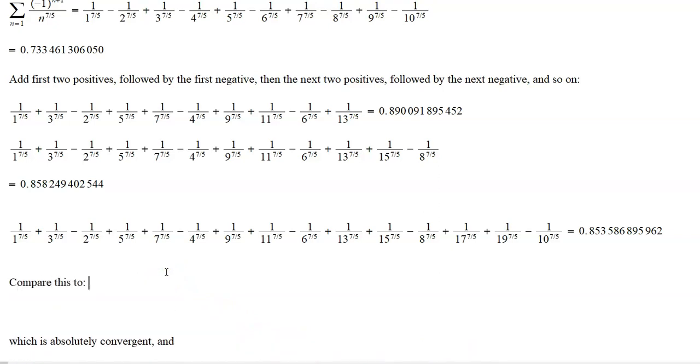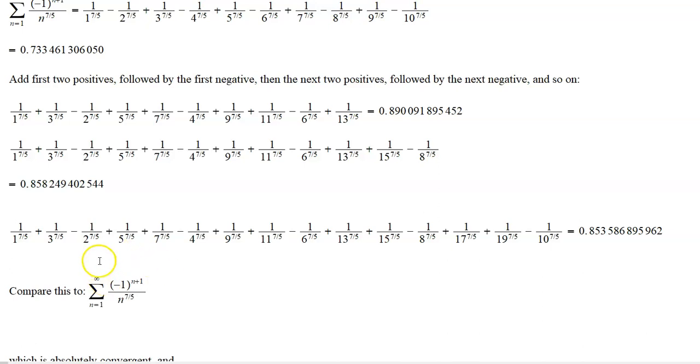Compare this to, okay, how many do we have? 3, 6, 9, 12, 15 terms. So we're not adding to infinity, we're only adding 15. And what do we get? Pray tell, what do we get? We get 0.76. Okay, so it's a little bigger than 0.733, but still not quite the same.